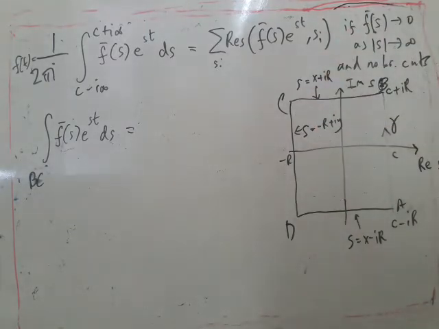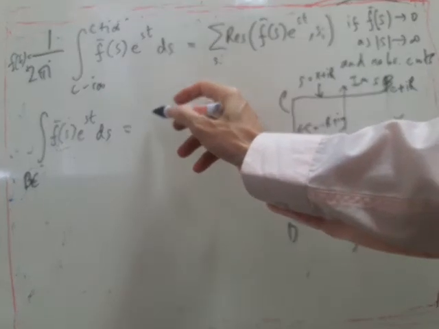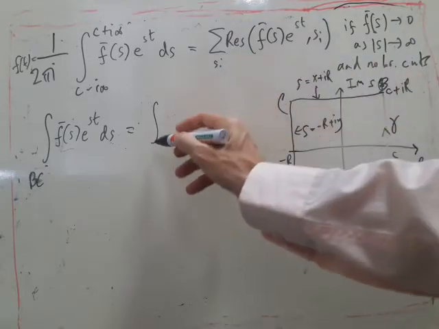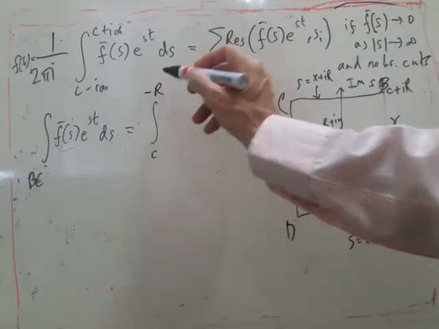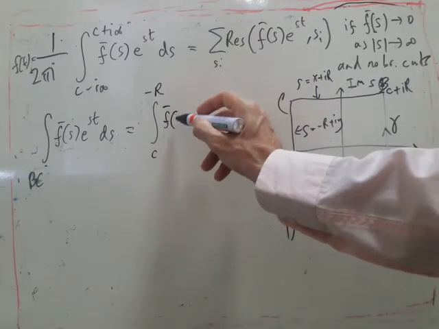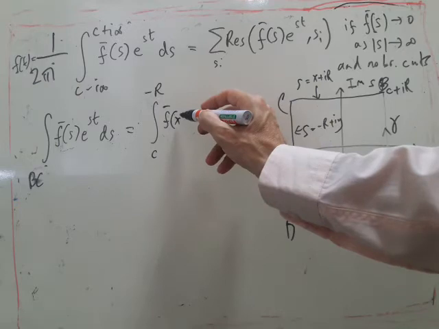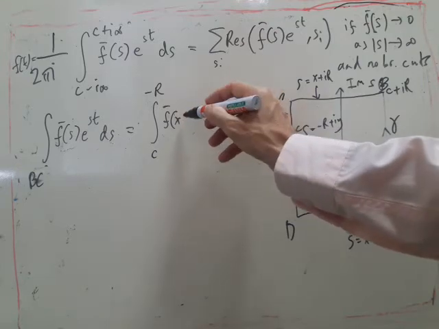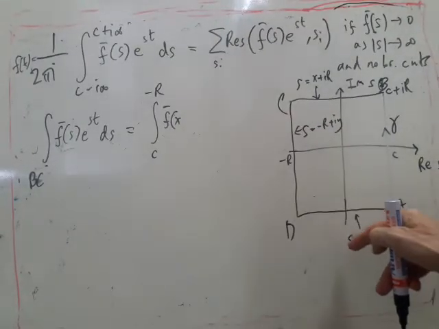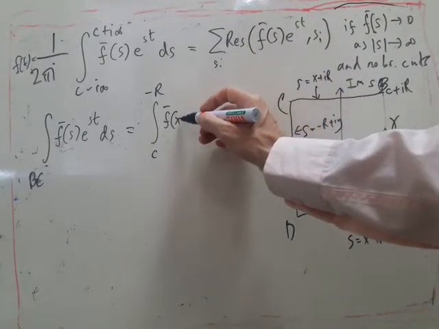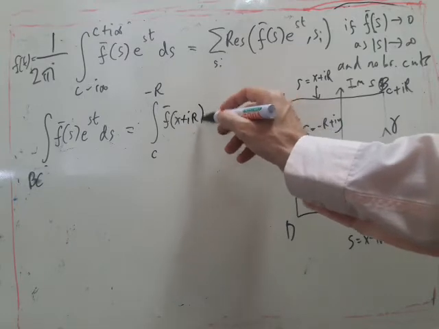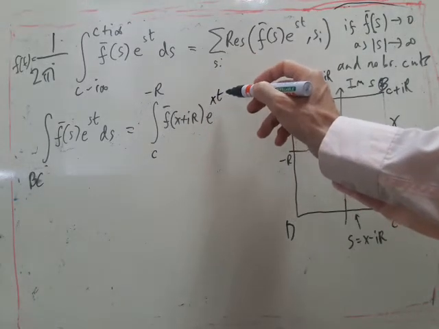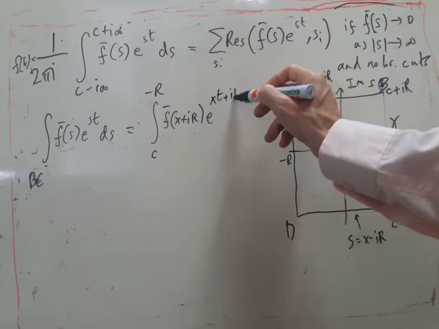So along here, the integral is from x equals c to minus R, and we've got f bar of s with s equal to x plus IR, times e to the xt plus IRt.